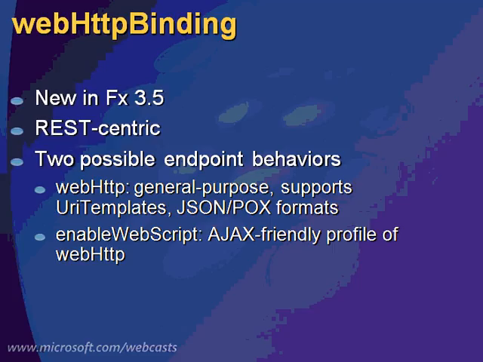You saw me using web HTTP earlier when I added that endpoint behavior. If I change that over to enable web script, I'm still using a web HTTP endpoint behavior underneath everything else, but I get this AJAX-friendly profile set up, meaning I can do some interesting things, like generate a client proxy automatically.